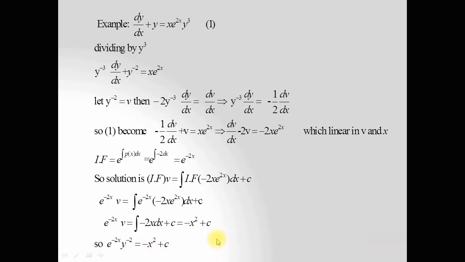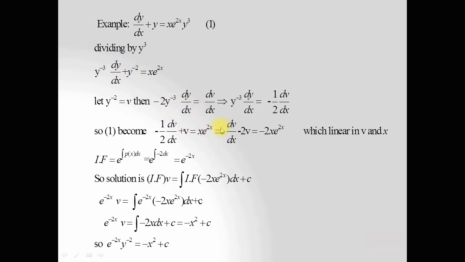So dear students, note that for the solution of a Bernoulli equation, first of all divide the equation by the dependent variable terms. After this division, use a suitable substitution to convert this differential equation into a linear differential equation.